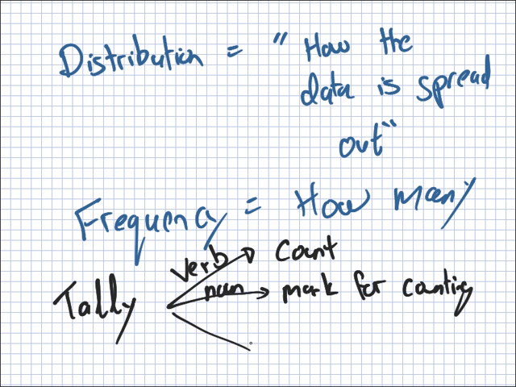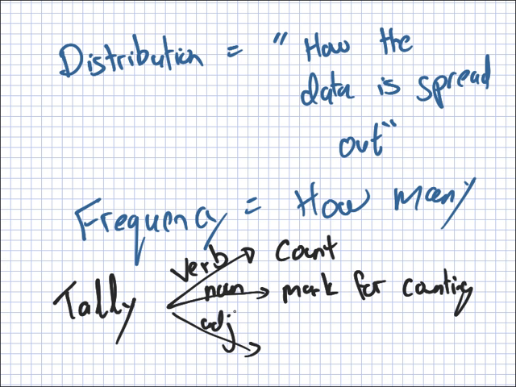And it's also an adjective. So what is it as an adjective? What's its meaning as an adjective? Think about using it as an adjective to describe something. So like a tally person, a tally man.